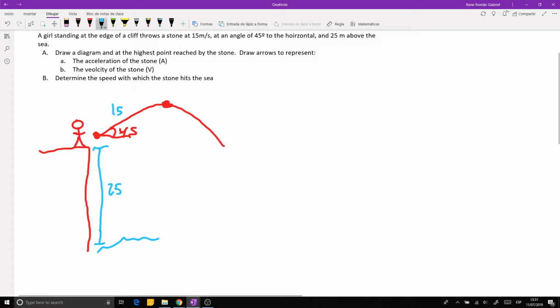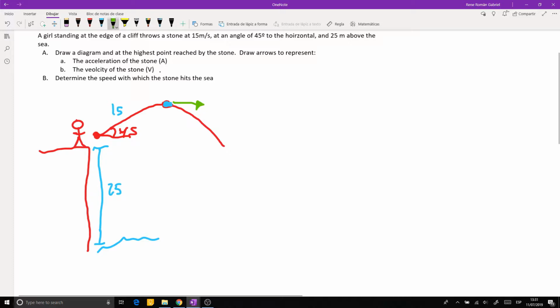So they ask us at the highest point, so here they already drew it, what would be its velocity and its acceleration. Its velocity would be just a straight horizontal line, because at the top it doesn't have any vertical velocity, around this much.